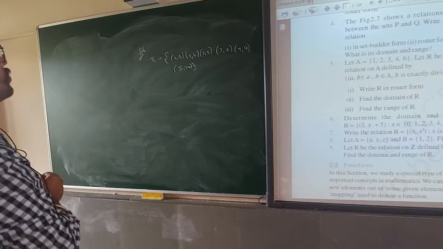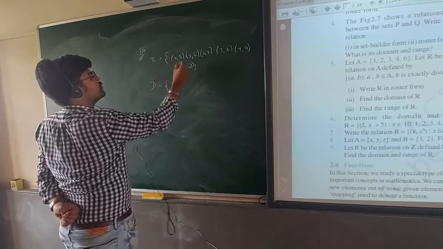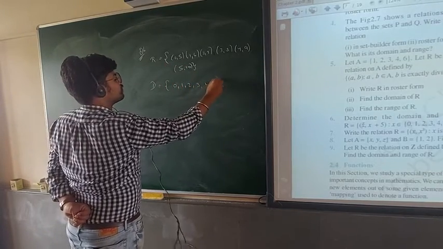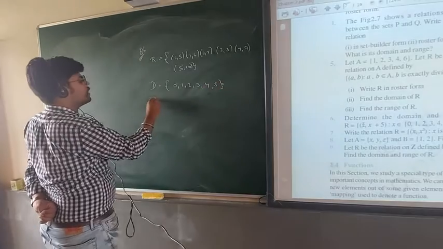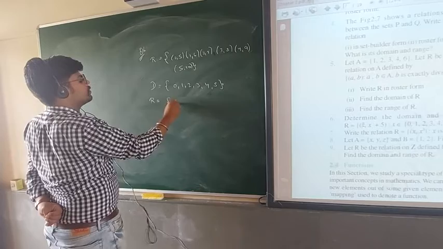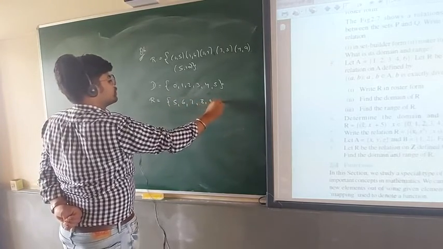Now we have to find the domain and range. The domain is the first elements: {0, 1, 2, 3, 4, 5}, and the range is the second elements: {5, 6, 7, 8, 9, 10}.